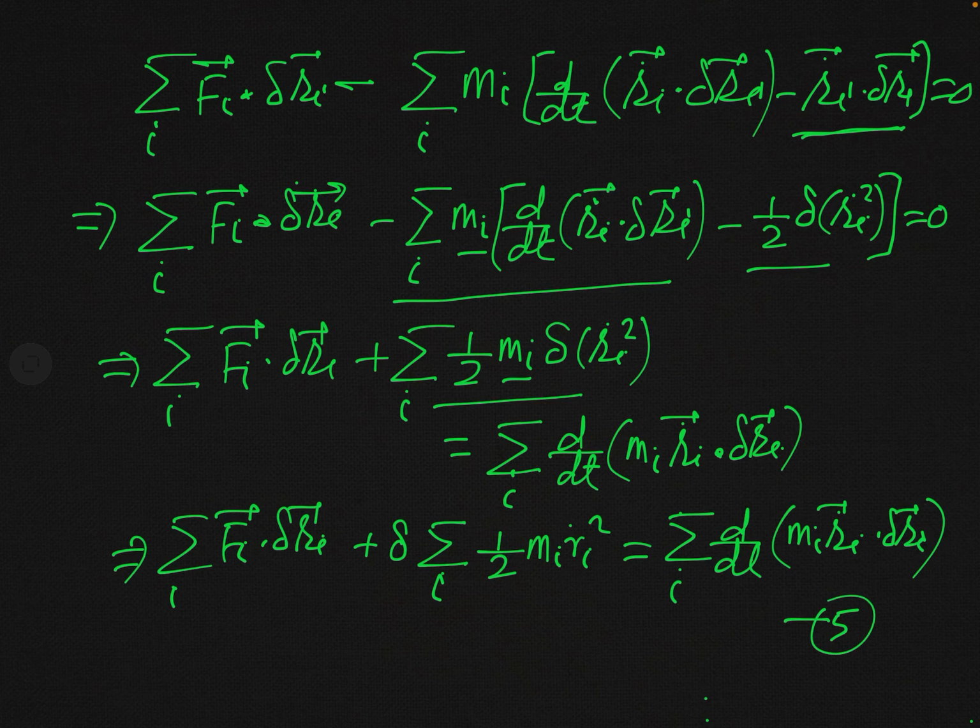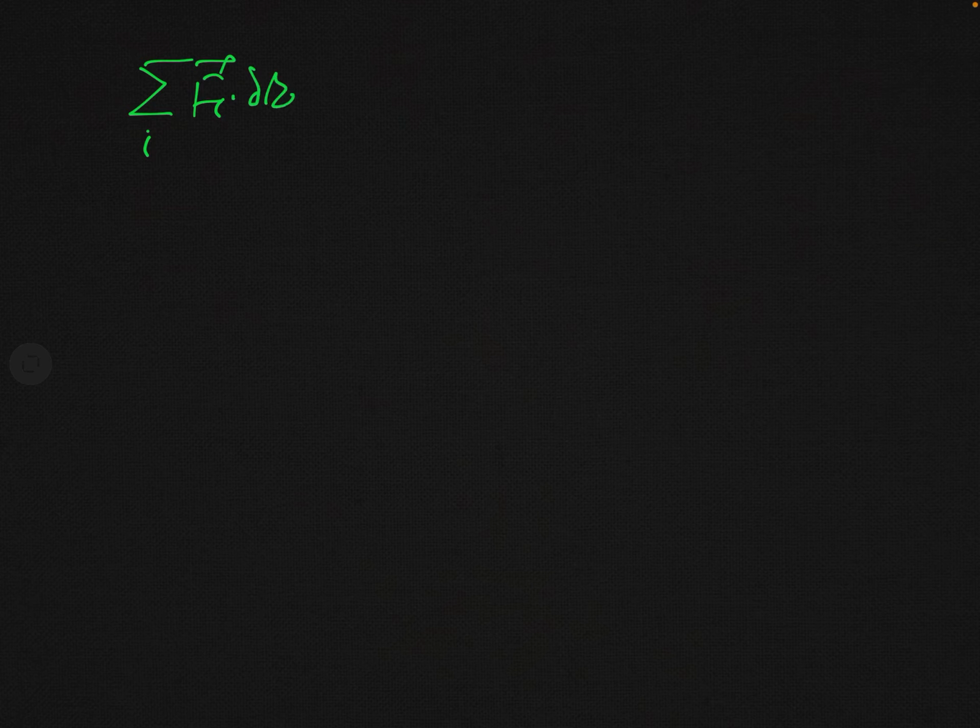Now we will recognize the two terms in LHS. What are these two terms? The first term is summation over i Fi dot delta ri. You know this is actually the total work done by the forces acting on the system, because Fi dot delta ri represents the work done by the force Fi on the particle i.